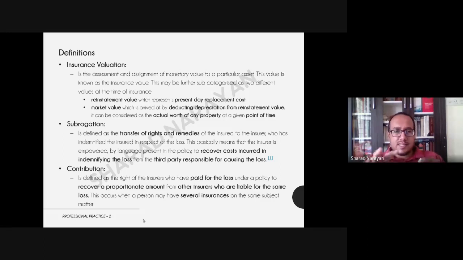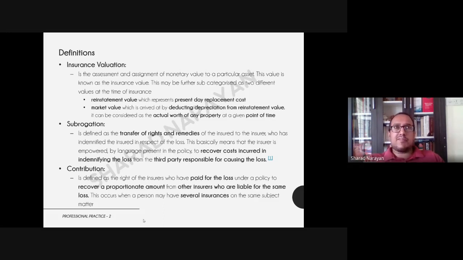Okay. Now, the reason why people will do that is that they expect slightly better returns from some one place or the other. Now, contribution is where these insurance companies network with each other and find out exactly how much they have each insured this property for. And based upon their contribution, they can decide how much to reimburse the farmer.